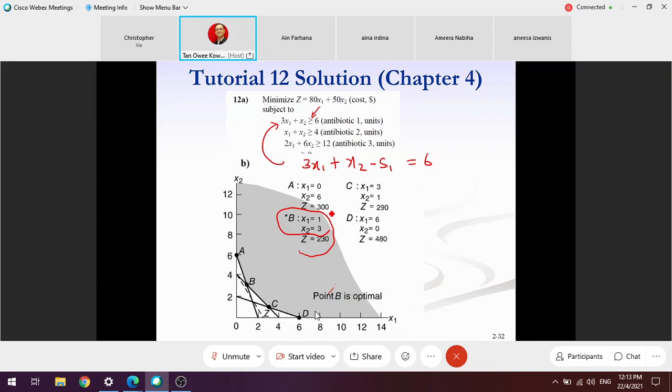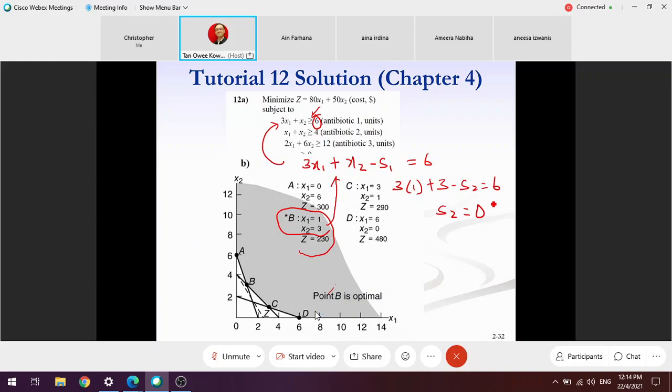Then subsequently, I substitute the optimum point into constraint 3: 1 plus 3 minus x2 equal to 6. Then x2 equal to 0. There is no existed requirement on antibiotic 1. It means the formula of the drug calls for 6 units of antibiotic 1, and the actual quantity of antibiotic 1 in the drug is also 6. There's no existed antibiotic 1 in the drug. Okay, that is the first constraint.